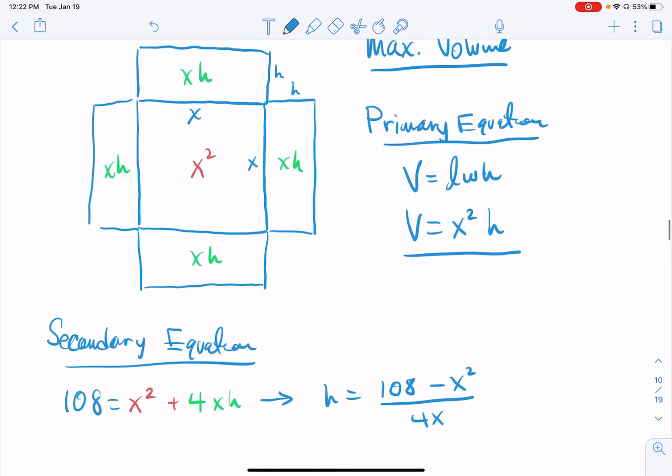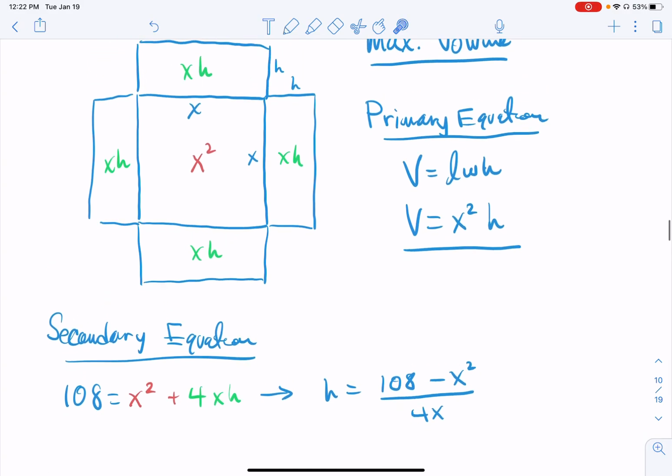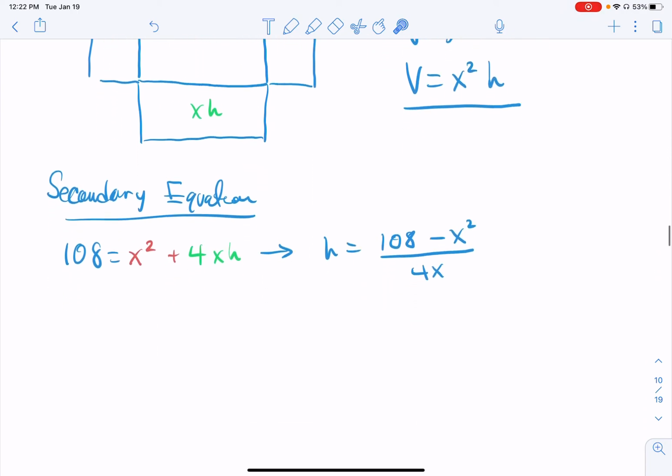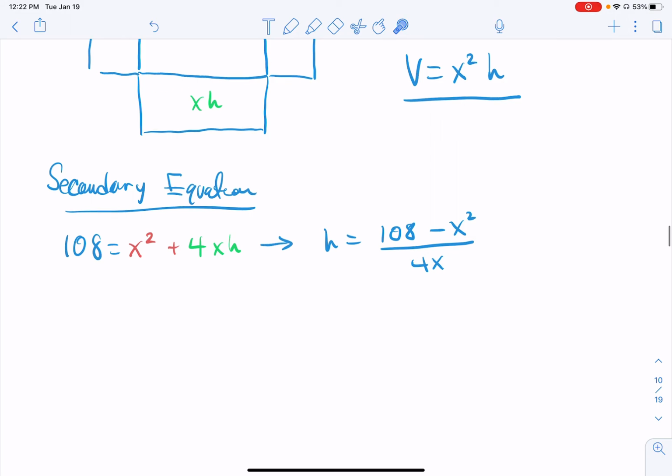We're not quite done with it yet, because now we have to take this and plug it in for h right here, and voila, we have no more h's. We have a primary equation that just has a v and an x in it. So I've got v is equal to x squared times (108 minus x squared) over 4x.